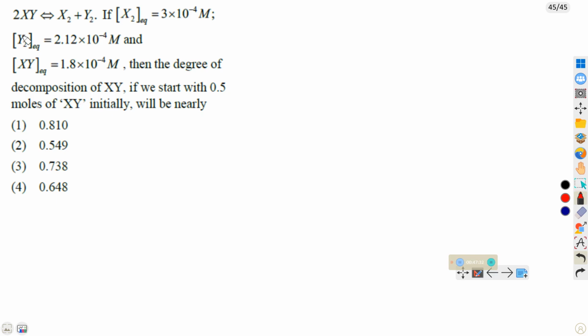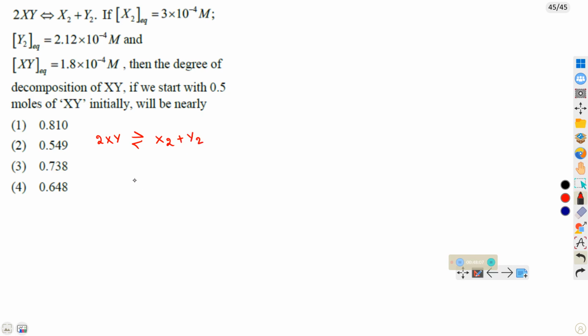2XY gives rise to X2 plus Y2. If X2 is equal to 3 into 10 power minus 4 molar, Y2 is equal to 2.12 into 10 power minus 4 molar, and XY is equal to 1.8 into 10 power minus 4 molar, then the degree of decomposition of XY, if we start with 0.5 moles of XY initially, will be nearly. First of all, given equation is 2XY gives rise to X2 plus Y2.